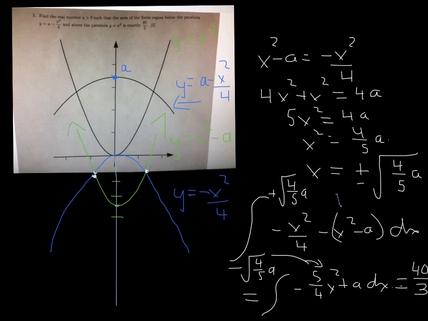What I did with it is I actually went to Symbolab, www.symbolab.com, and I just put in my equation as a definite integral. I put in these values for my a and my b and put in the equation, and I just asked Symbolab to solve it for me, and it did, and the value that I got did agree with a total area of 40/3, and so I knew that it was correct.